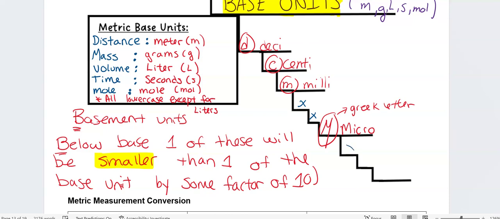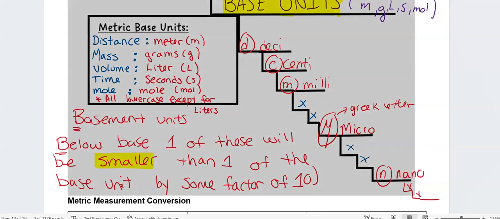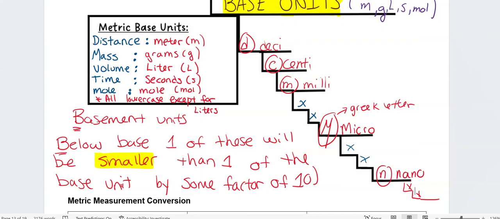We skip 2 again. They exist in terms of powers of 10 apart. They just don't exist in the fact that they are not named. And then we would get to nano. And for honors, we would go 2 more down to pico. So that's kind of our metric prefix line there.